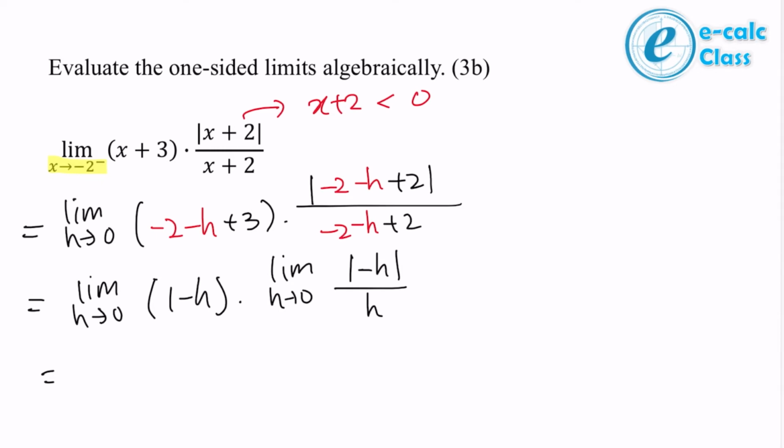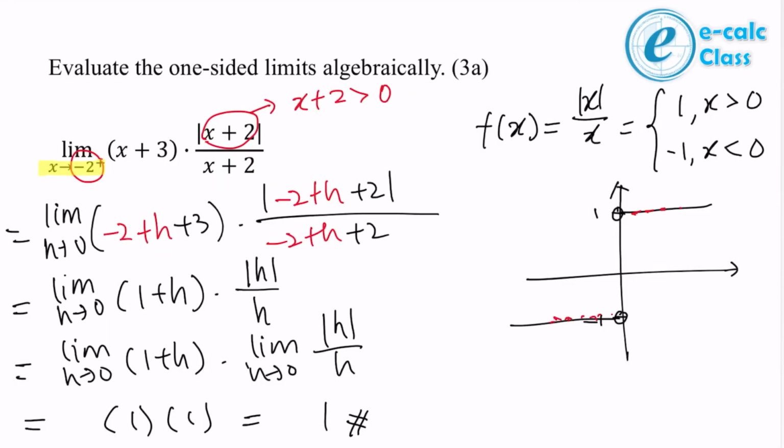So the answer is 1 times negative 1, which gives you a negative 1. Finish. If you are still not convinced, you can just go ahead and sketch how the graph will look like. The limits from both sides are actually different, so the limit actually doesn't exist.